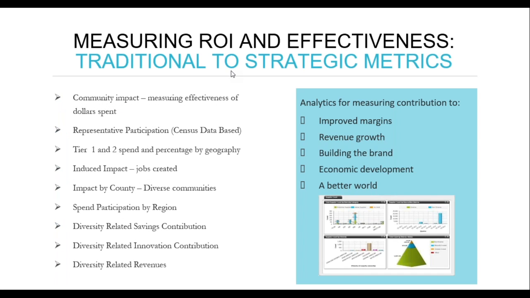So you may be wondering, well, who else in my organization may be able to benefit by tracking this economic impact, and how can I go about starting to do it? Beyond traditional supplier diversity teams and departments, economic impact reports can bring tremendous value to your community and investor relations groups.